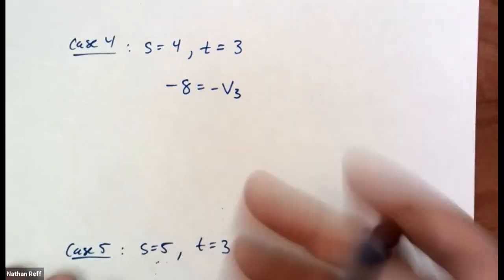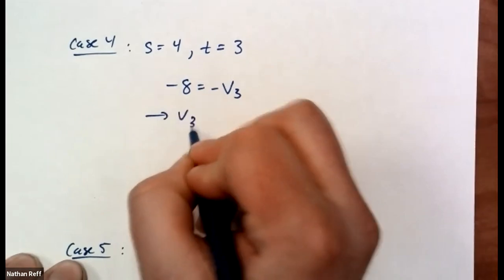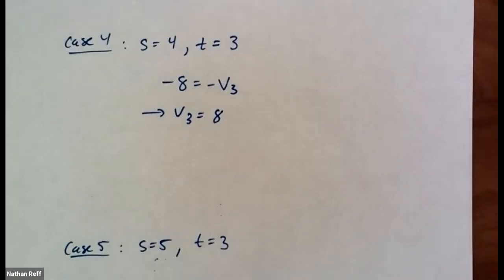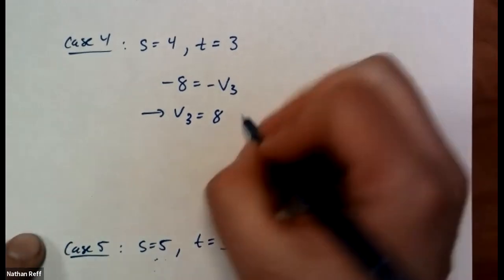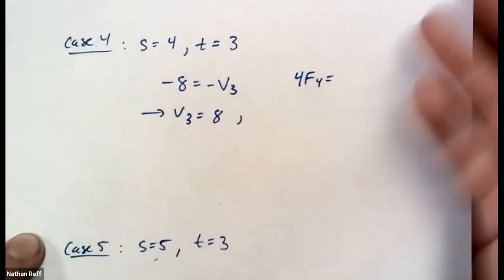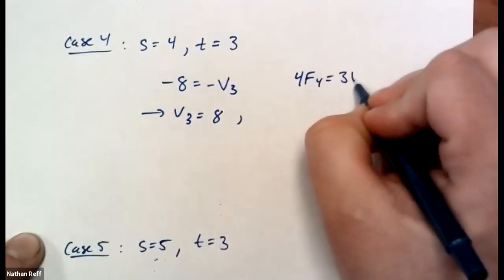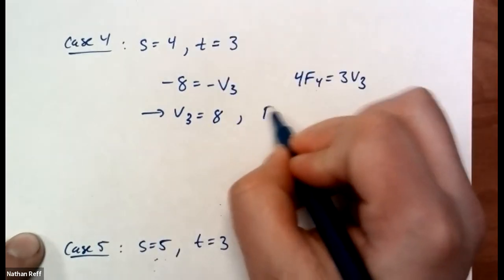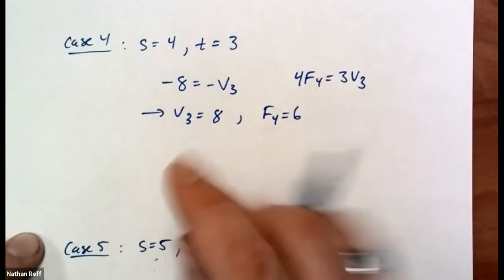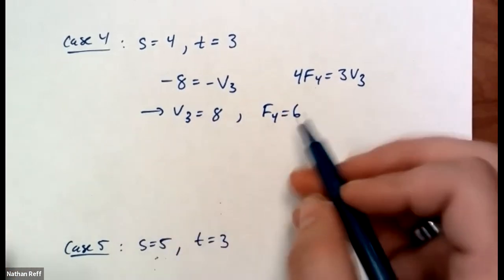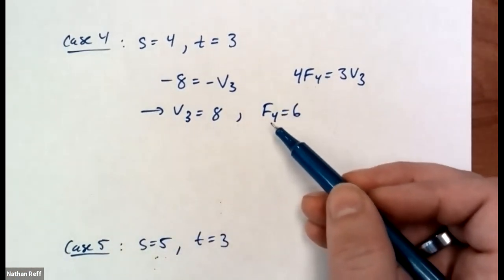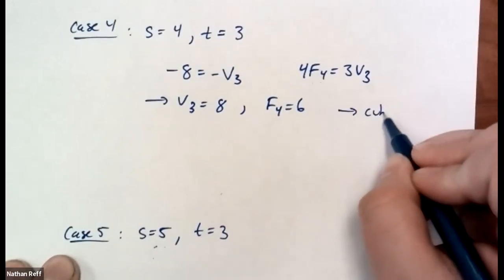So you just get this, which tells you immediately that the number of vertices of degree 3 is 8, right? And the second equation from the 2e equals will give you this, which tells you that F4 is 6. So you have 8 vertices of degree 3, and 6 faces that are regular fourgons, otherwise known as squares. So this will give you the cube.